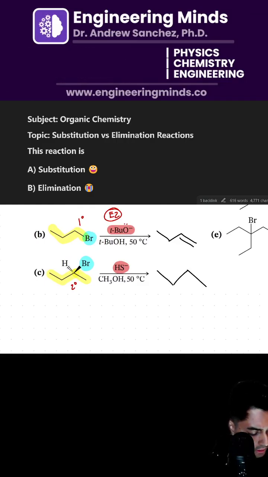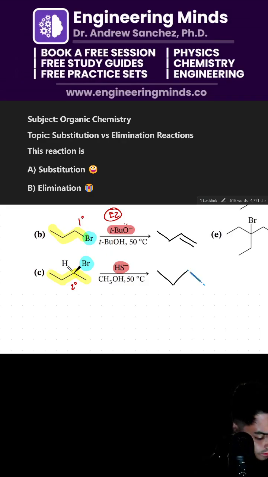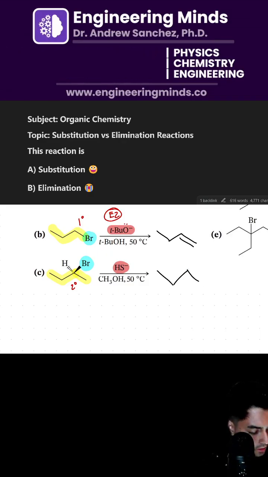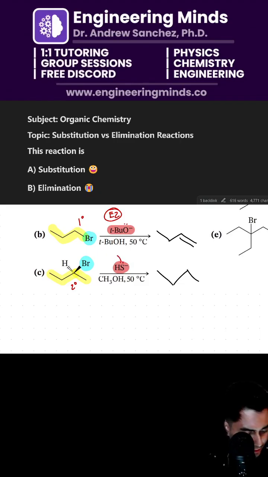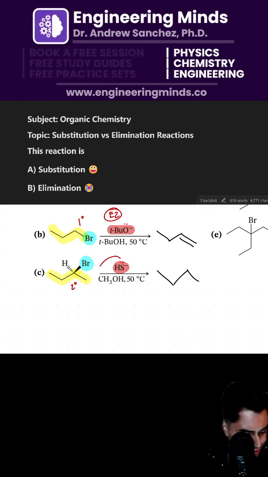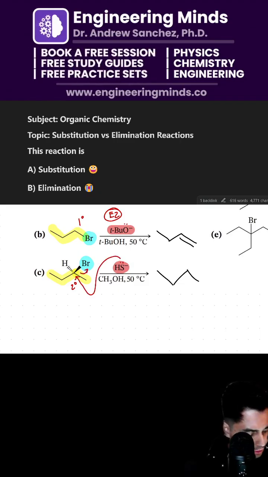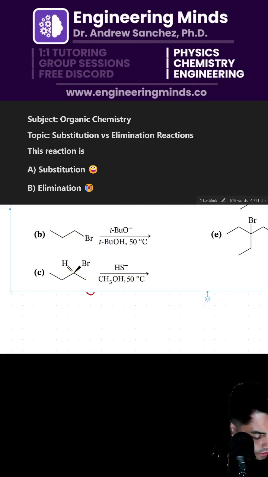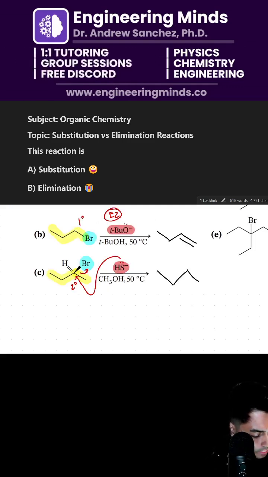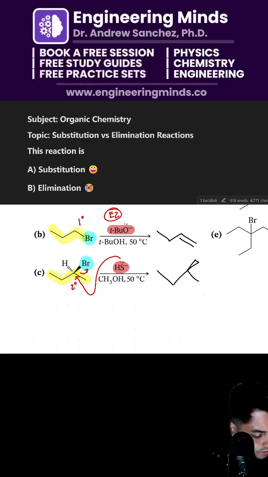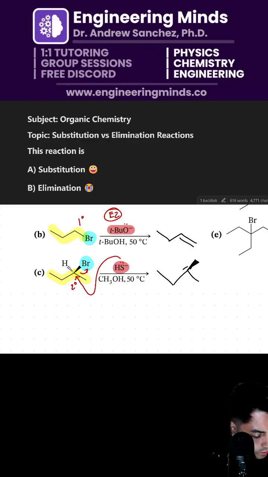But because it's backside attack, we have to switch the orientation, so we can represent that as a backside attack, just like this. Kick off that leaving group. So therefore, our proton is now going to be a wedged compound, and then our dashed is now going to be our SH compound.